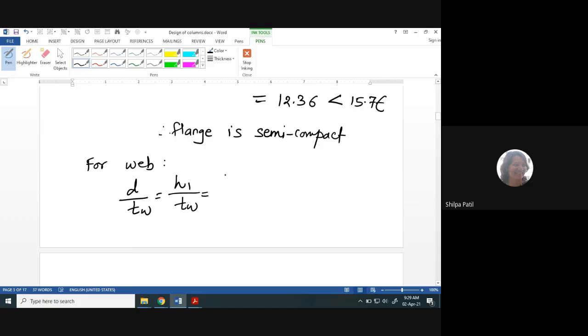I hope everybody remembers all these steps. H1 value is 180.5 and tw was 8.6. So what is this value? 20.99.